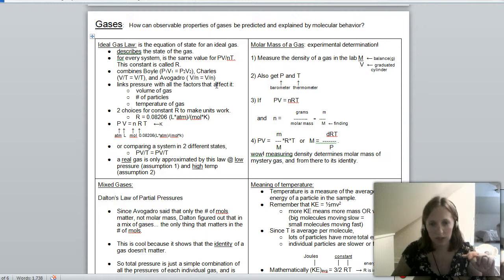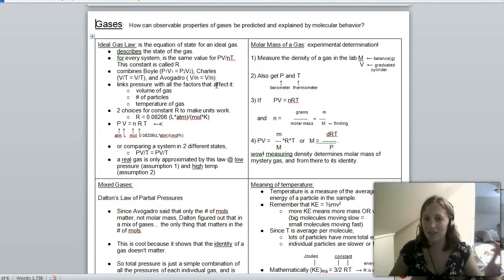You do have to understand about R, which is the constant that PV over nT is always equal to. So for every system, you've got PV, pressure times volume, divided by the number of moles and temperature, the 4 variables that describe that gas in that state, gives you the same value every time, kind of like Boyle's law, P1 V1 equals constant, and Charles' law, V over T equals constant.